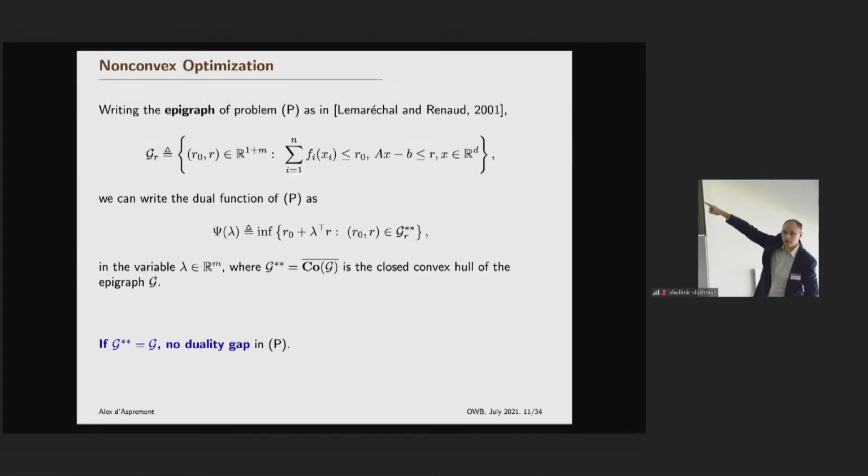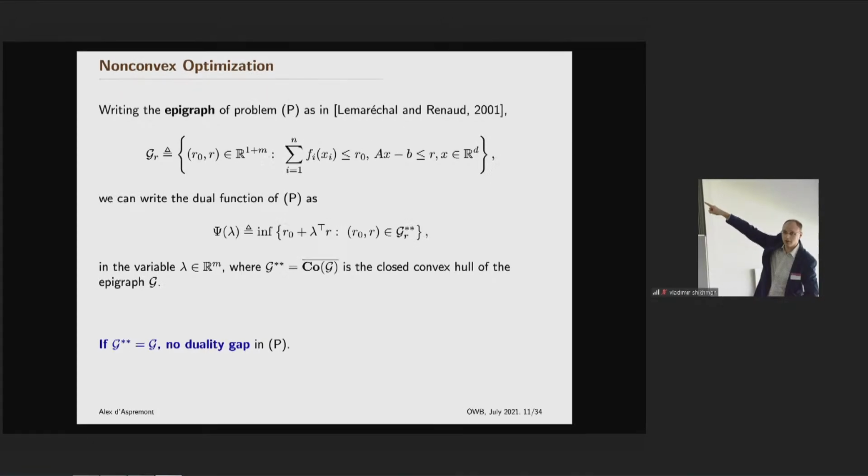So just one last construction before we get the result we want. We can write the epigraph of problem P as in, for example, a paper by Lemaréchal and Renaud in 2001 in this format. And in that case, the dual simply maximizes an affine form over this epigraph. And basically, very roughly speaking again, the non-convexity of this epigraph controls the duality gap.